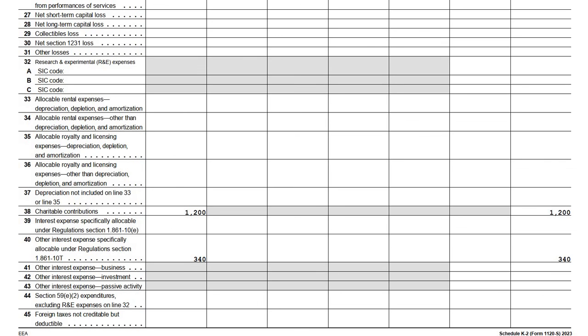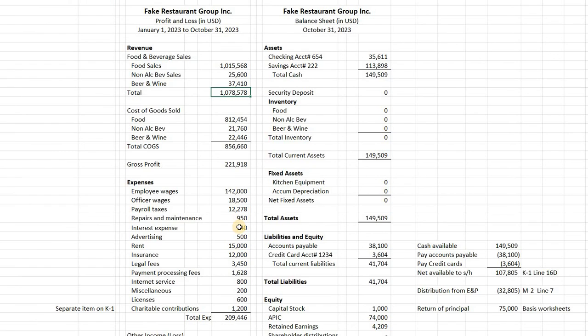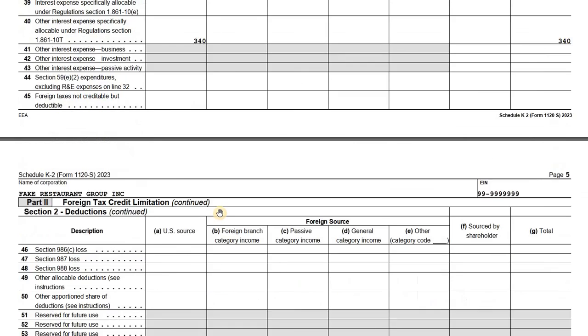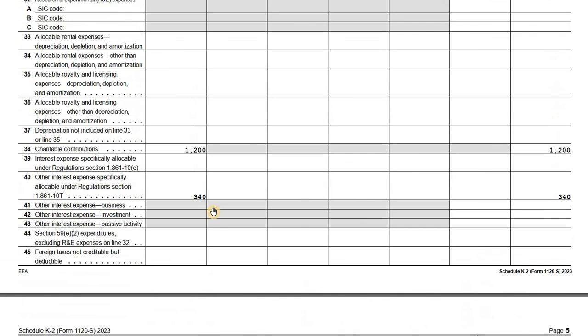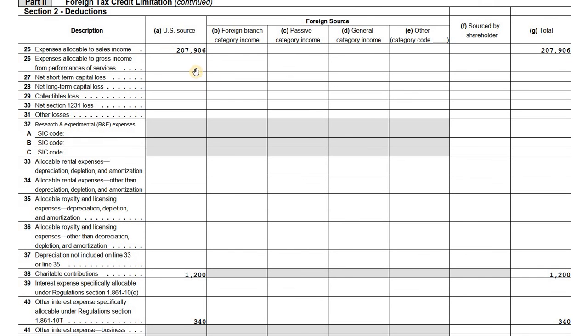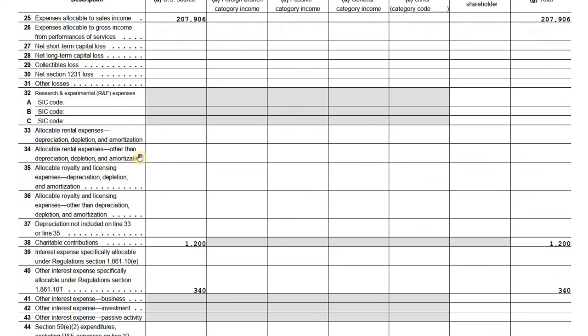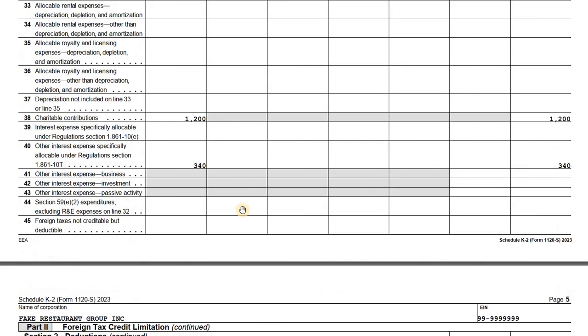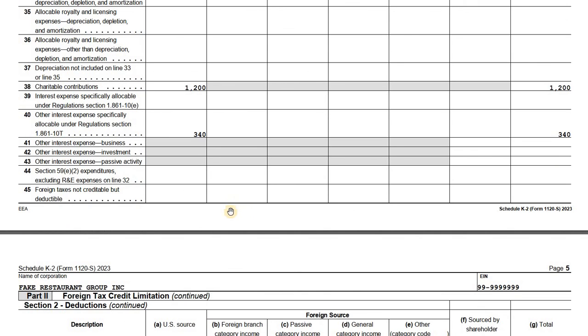So we had $340 of interest expense right here, and that's been separately stated as well on line 40. And so everything else just gets lumped into the 207,906 figure, unless, of course, it was separately stated here, right? So in our case, we didn't have any depreciation this year. If you had depreciation, those would be separately stated items there as well, but in our case, it didn't apply.